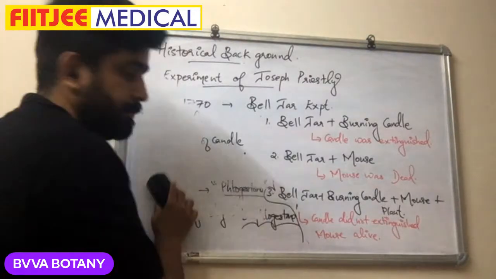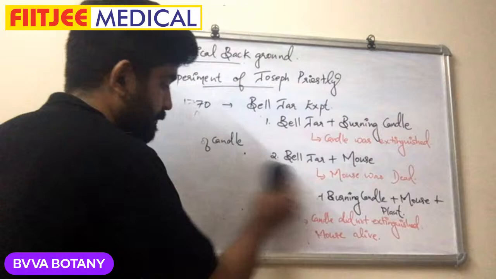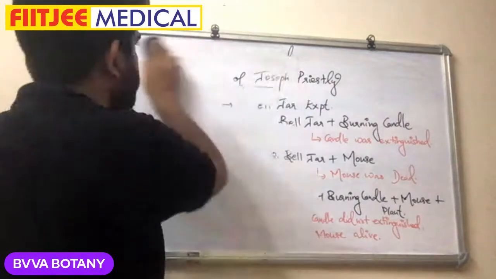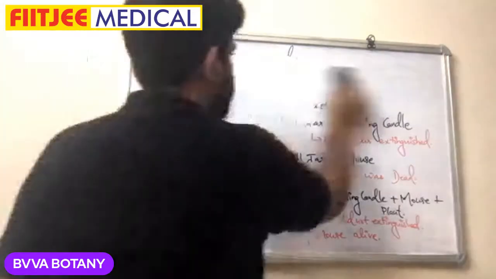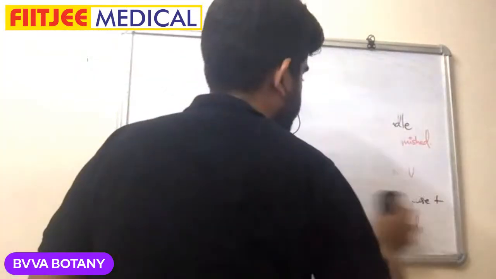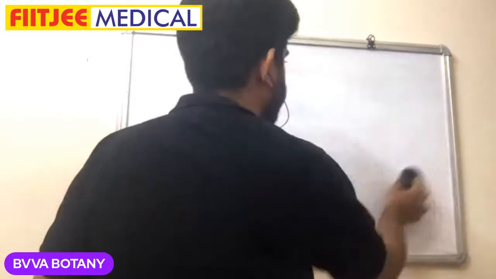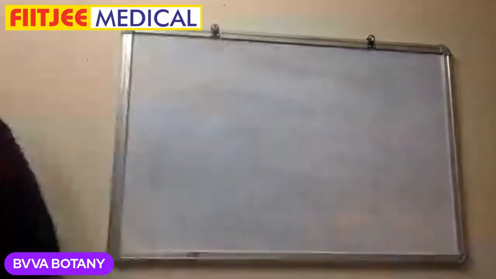The dirty gas he called phlogiston, and the good gas that purified it he called dephlogiston. So what is phlogiston and dephlogiston? Dephlogiston is oxygen, right?